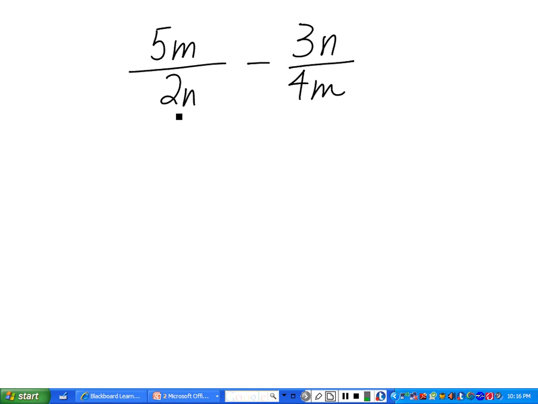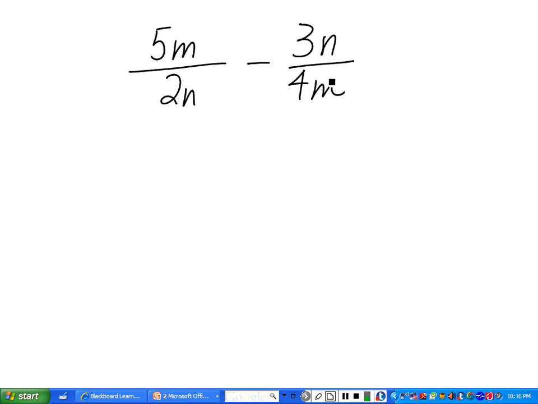So it looks as if all I need to get this to be a 4 over here is to multiply this times 2. And both of my numbers will be the same. And in this denominator on the left, I have an n, but I don't have an n over here on the right. And I have an m on the right, but I don't have an m over here on the left.